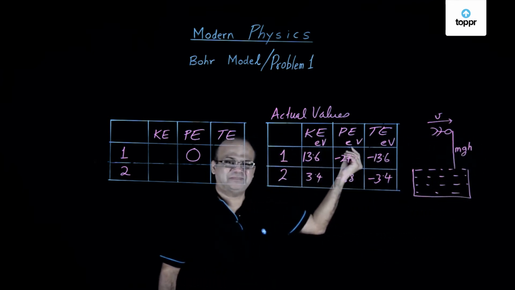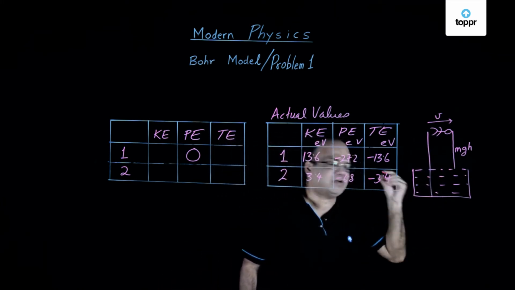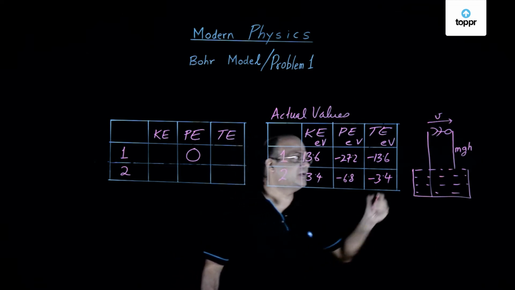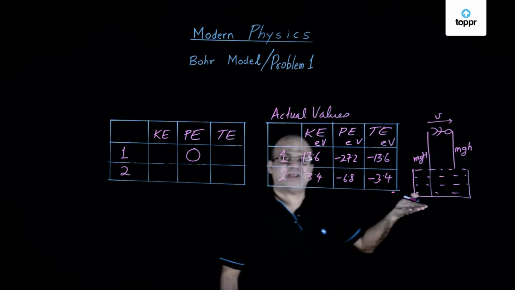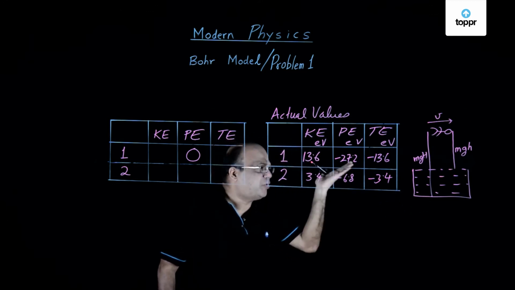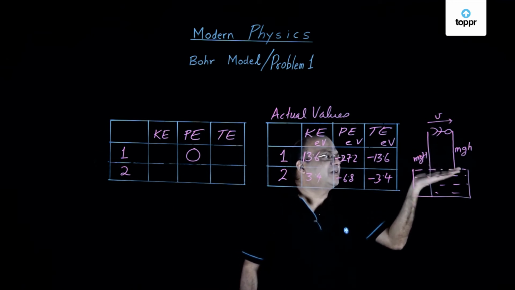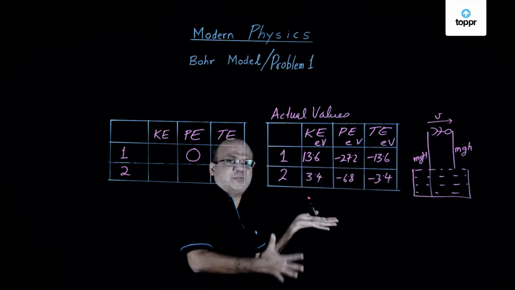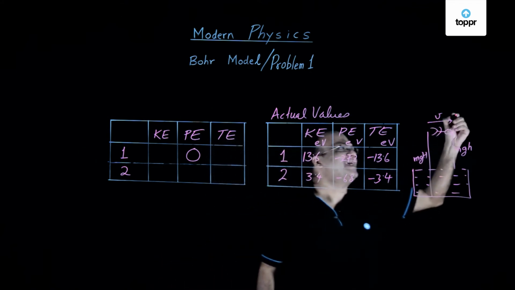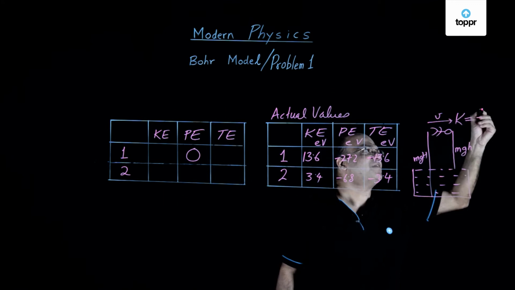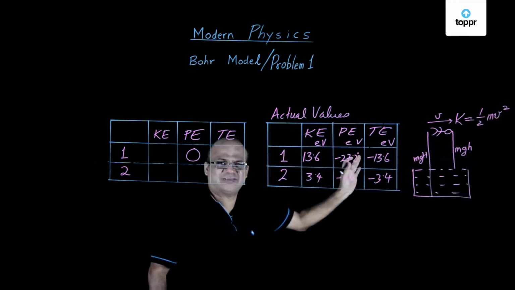Right? Simple. If you measure the potential energy of this bird with respect to the bottom of the lake, its potential energy will be mg into capital H. This is a different height and that is more. So potential energy varies depending on what we are calling potential energy equal to 0. But whatever we do, the kinetic energy is always half mv square. Right? It does not change.